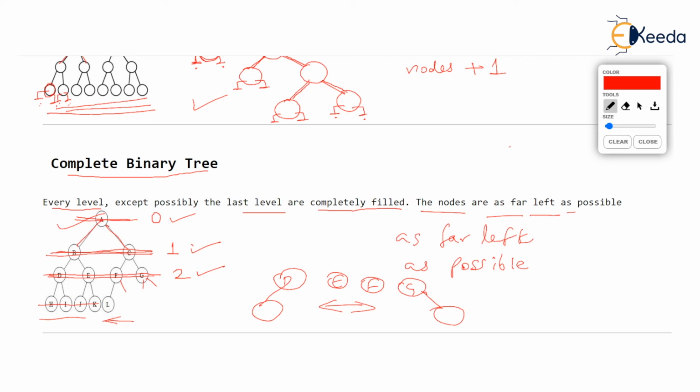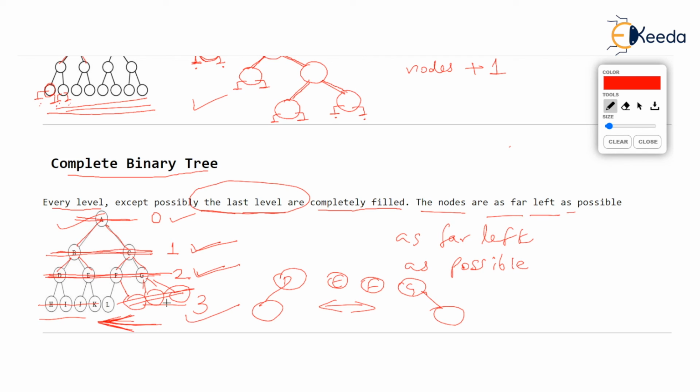At level 2 there can be four nodes and all four nodes exist, so it is also completely filled. But at the last level, that's what they say, the last level may not be completely filled, and it really is not completely filled because some of the nodes here are missing. But whichever nodes are missing are on the right hand side. We have filled the left, as far left as possible. Such a tree is known as a complete binary tree.